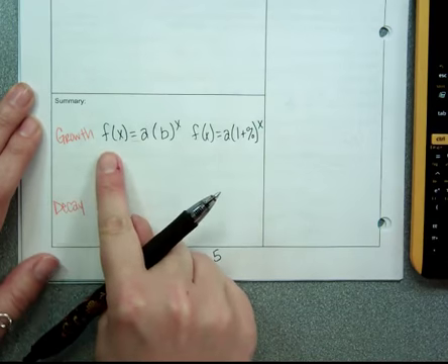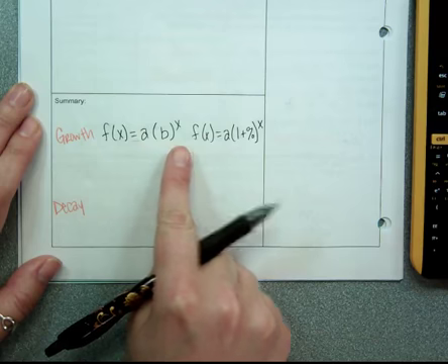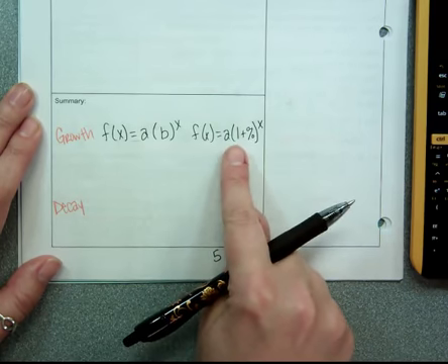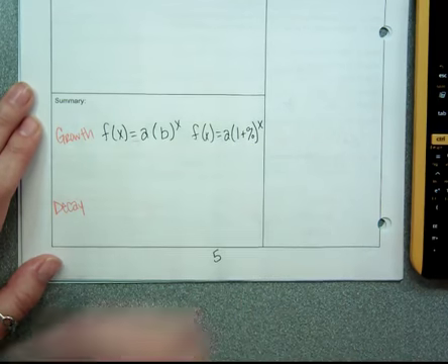So growth: f of x equals a times b to the x. Or the percent one: f of x equals a times 1 plus the percent to the x power.